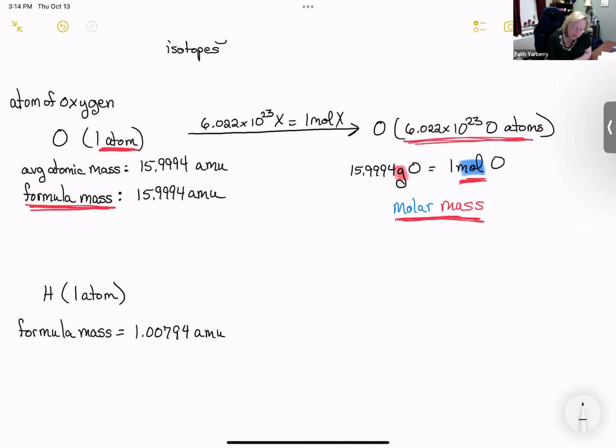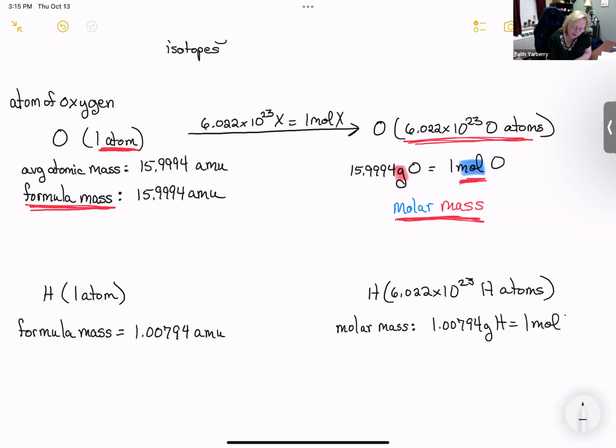But if instead we talk about 6.022 times 10 to the 23rd hydrogen atoms, now we're working with the molar mass for hydrogen, which is 1.00794 grams of hydrogen equal to 1 mole of hydrogen.